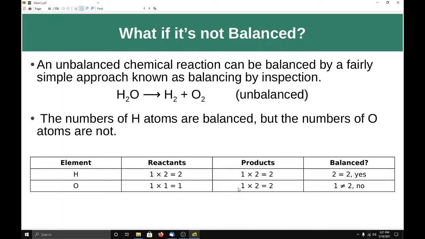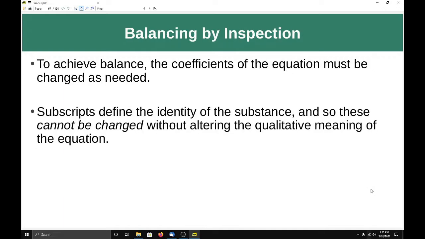So we can see that our oxygens are not balanced. The reactant side does not equal the product side. To achieve balance, the coefficients are what we're going to change. The coefficients of each of the molecules. We're not going to change the subscripts. Okay?